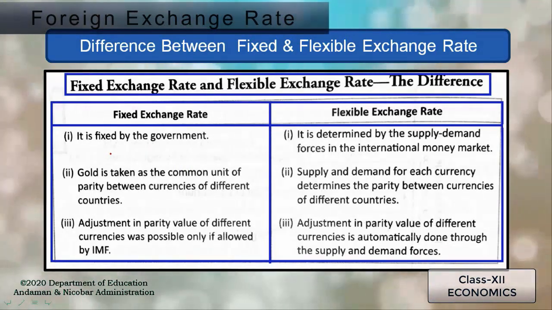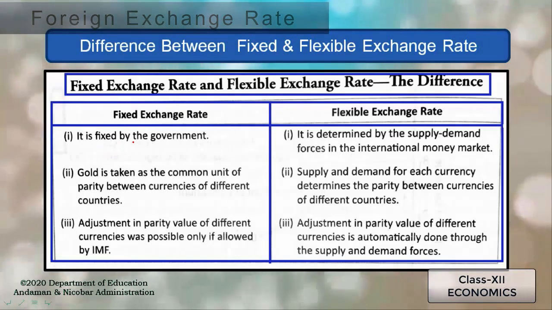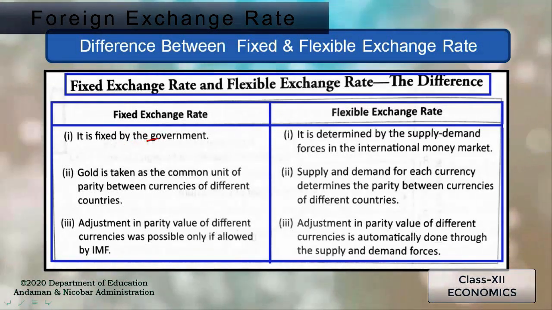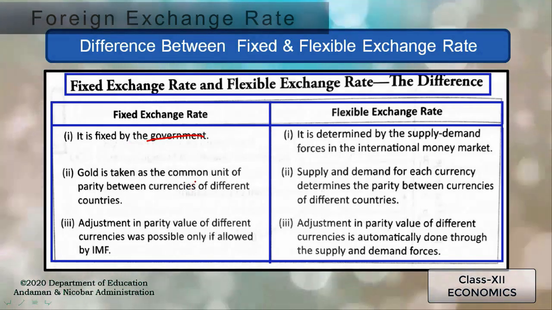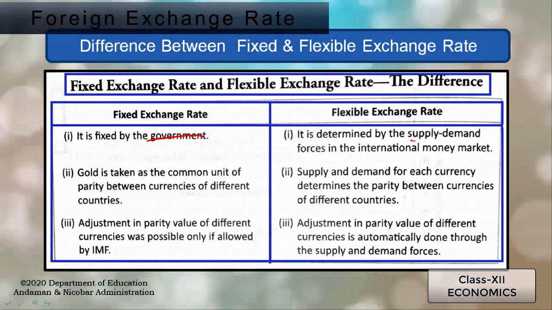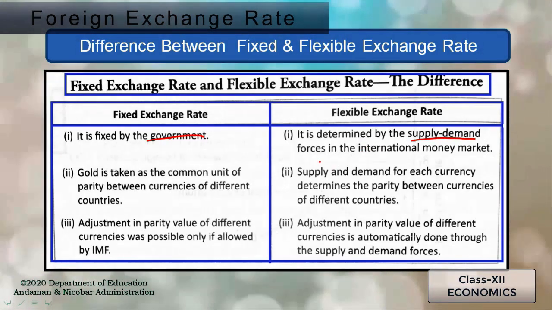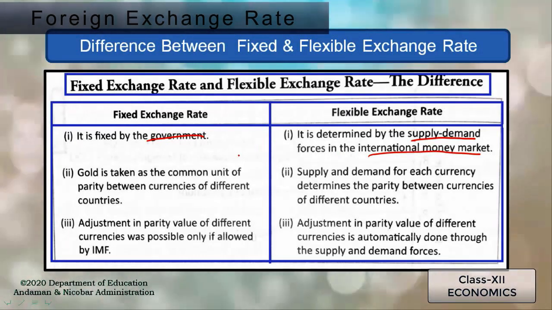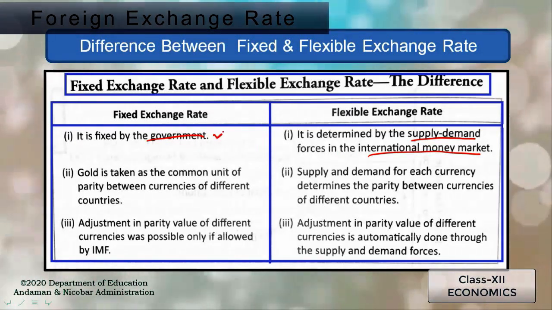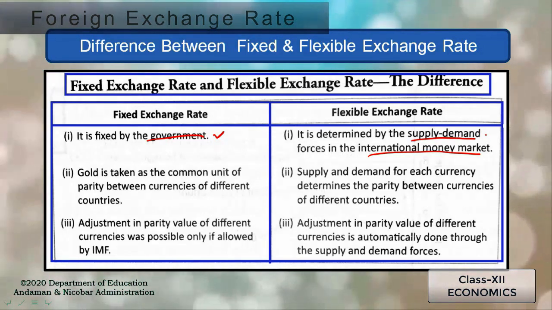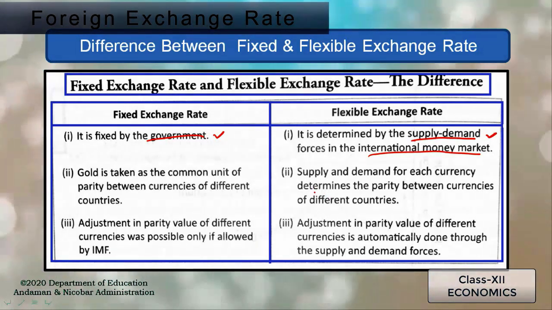What we can see here is that fixed exchange rates are fixed by the government, while the flexible rate of exchange is determined by the demand and supply forces in the international money market. So the difference is that one is fixed by the government, but in the flexible rate it is determined by the demand and supply of foreign currency.